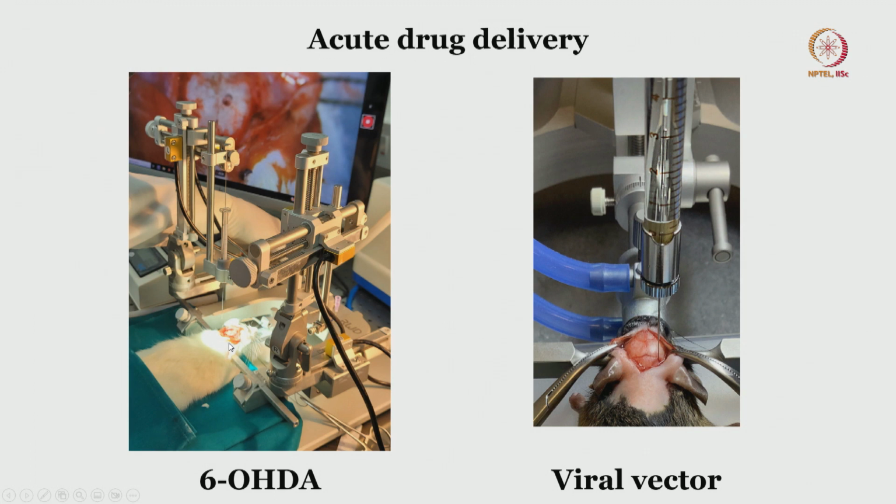In the last session we discussed the creation of a stroke model, and here is an example where a Parkinsonian model can be created using what is known as a Hamilton syringe. This is a 1 microliter syringe which needs to be delivered using a micro infusion pump.